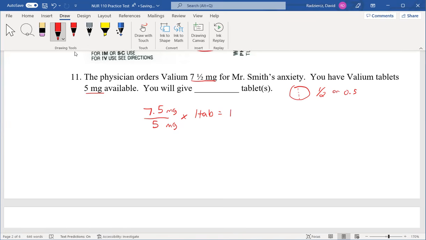So your answer is either going to be 1.5 tablets, or they might want you to write it as one and a half tablets. The reason I'm writing this both ways is because you're going to have to make sure that you answer it the way that they want you to answer it. So if I were the one grading your test and I'm not, I would accept either answer, but there might be a particular reason why they want you to use the half instead of the 0.5.